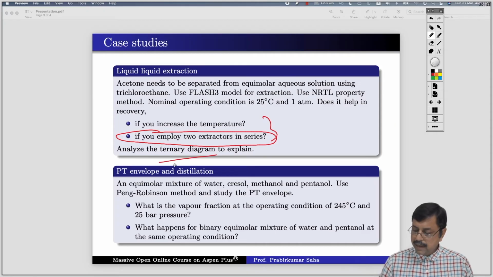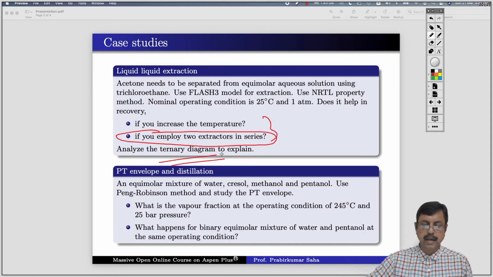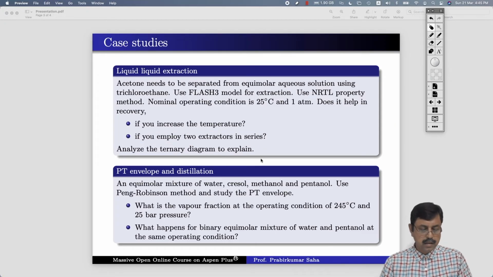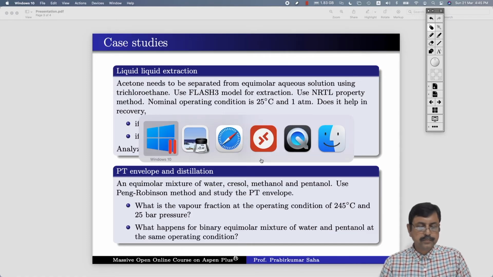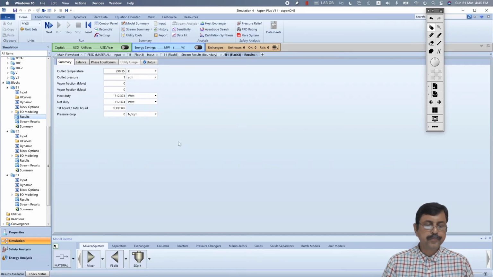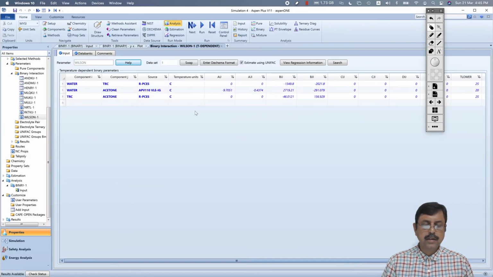Now we have to analyze the situation using ternary diagram. For that, we have to go back to the property method and check the ternary diagram.